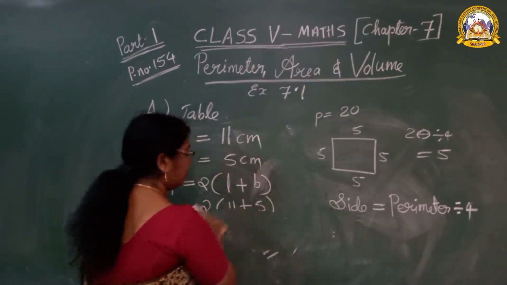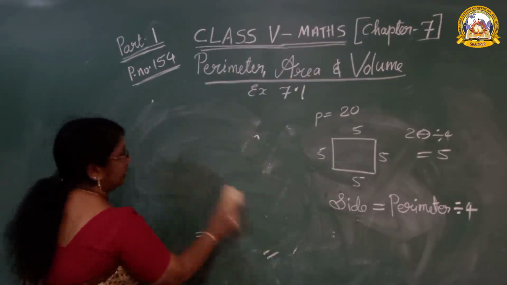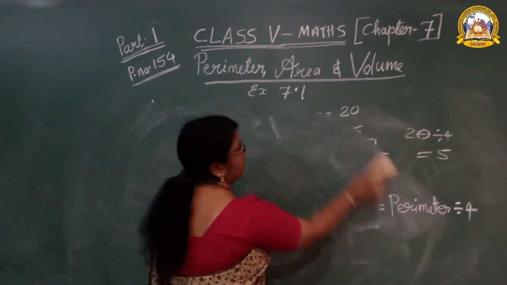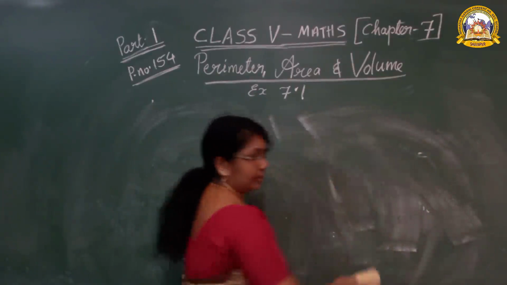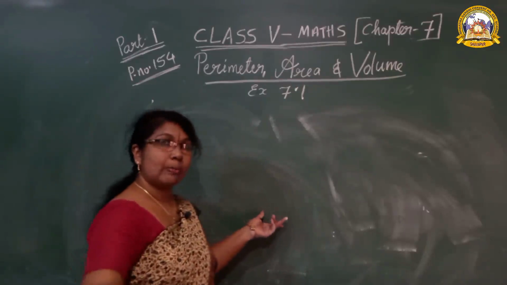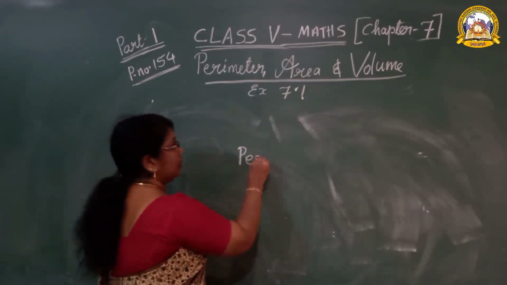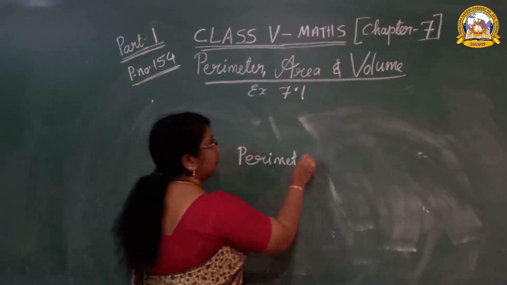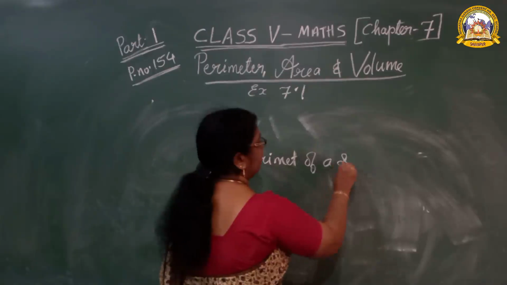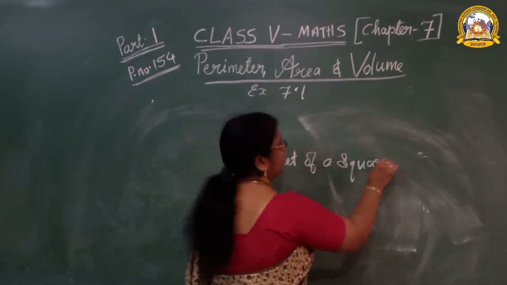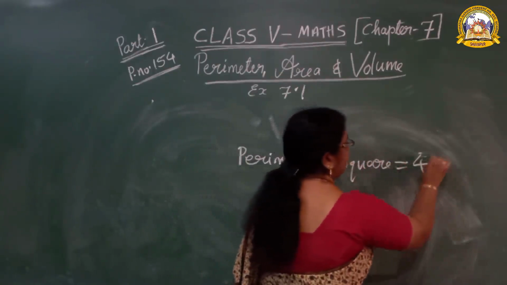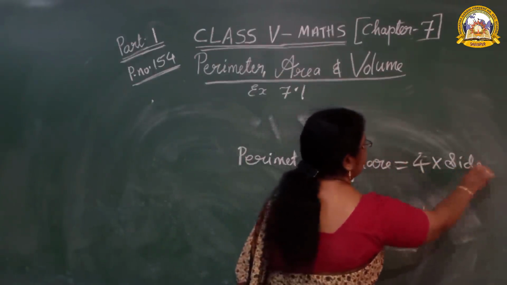First is the perimeter of rectangle. What's the first formula? Perimeter of rectangle. What's the formula? 2 multiply length plus breadth. So perimeter of a square. What is the formula? 4 multiplied by one side.